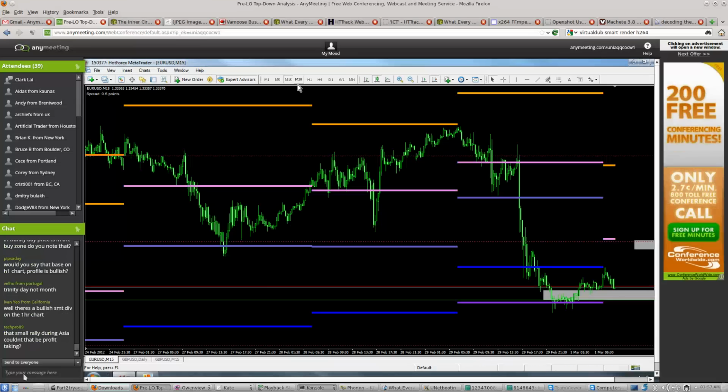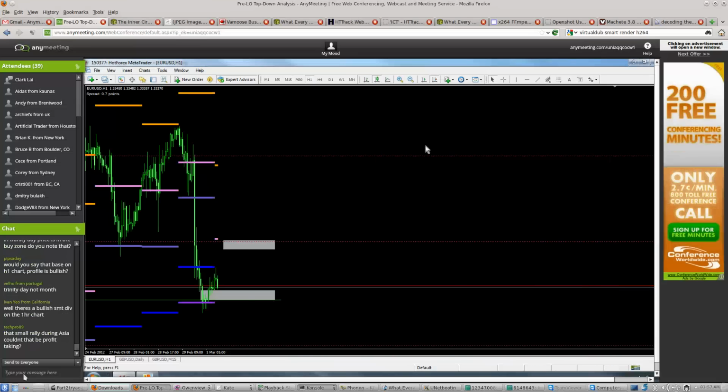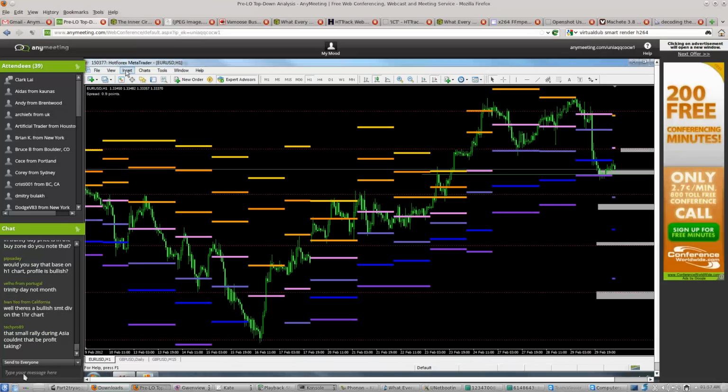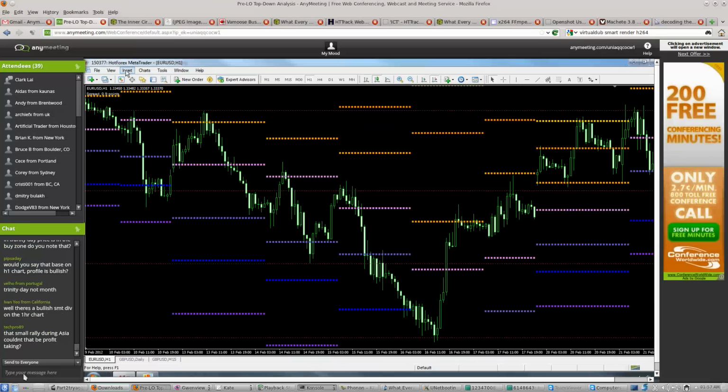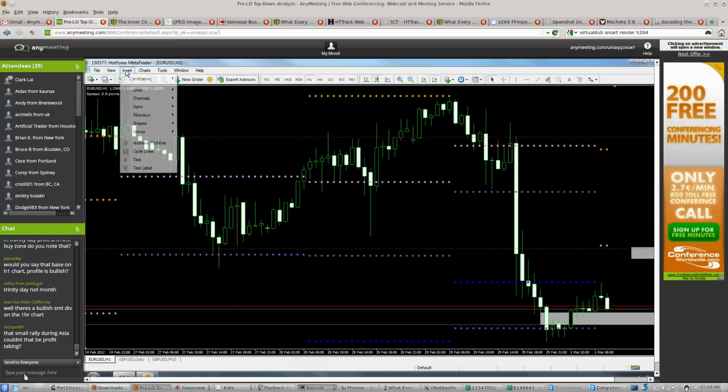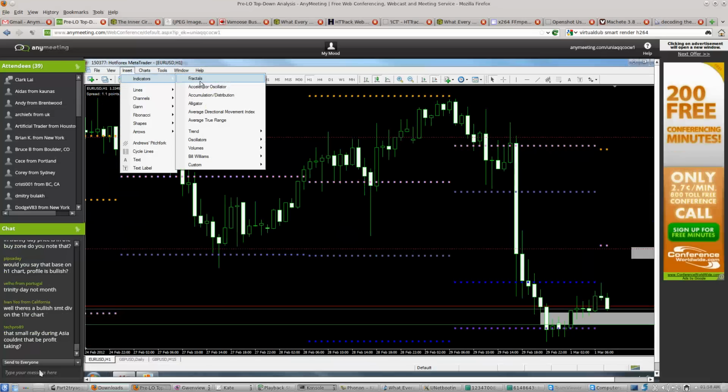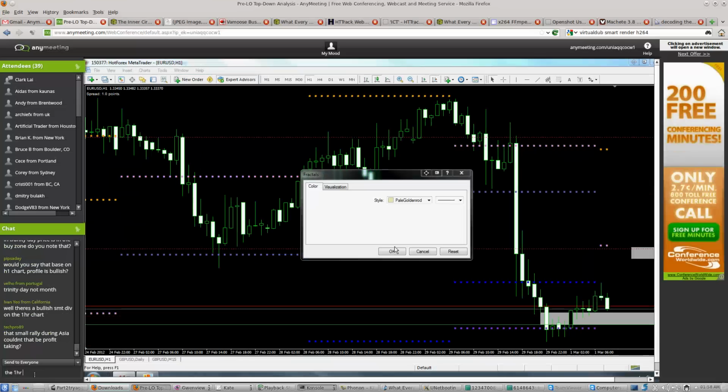Yes, based on the 1 hour, just based on fractals alone, yes, you'll see that price is bullish because it just broke this recent fractal.